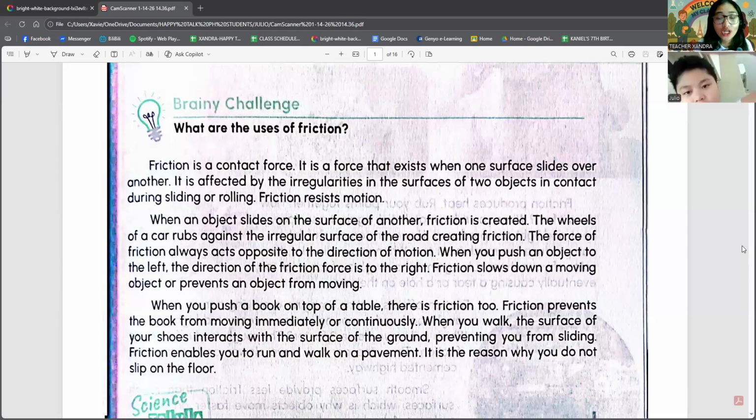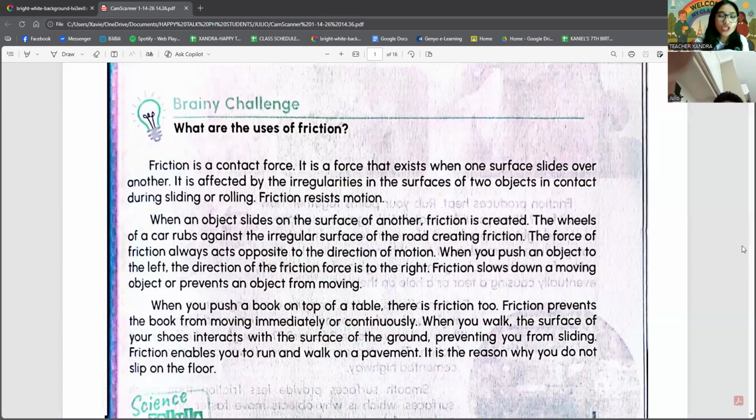Friction is special because it happens when two things touch or rub against each other.